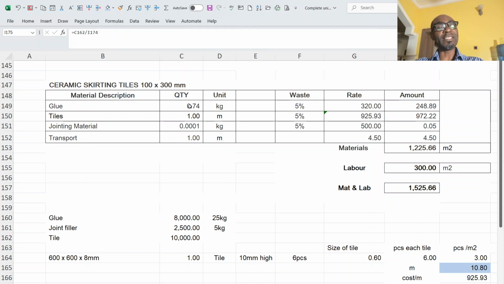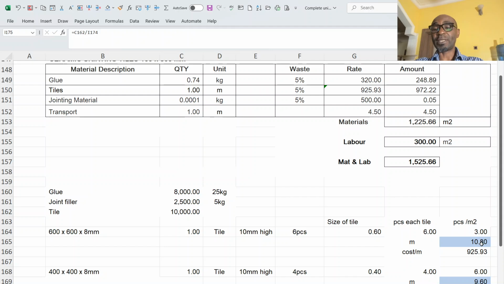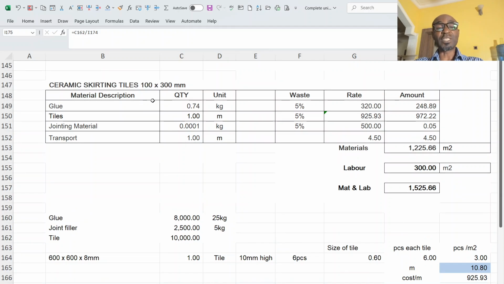That same 8 kg is what I am going to use to lay 10 linear meter. In the case of 600 by 600, it is 10.8 linear meter. I'm going to use the same 8 kg to lay a 10.8 linear meter of skirting.